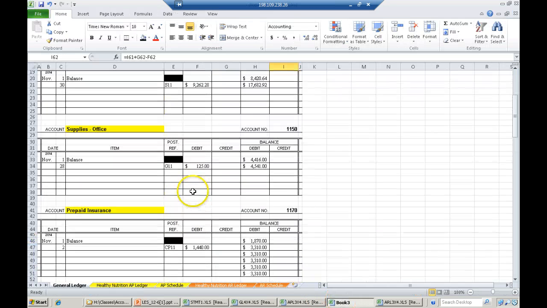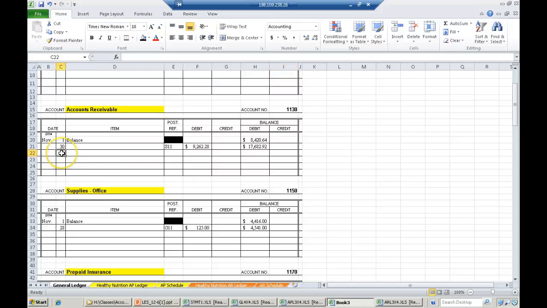So on the 30th, cash receipts, page 11, and we received $84,20.64. And again, we have to run the formula down. But notice that it changes our total.